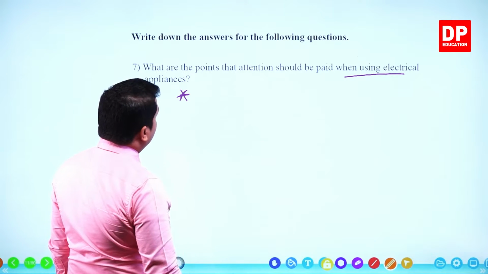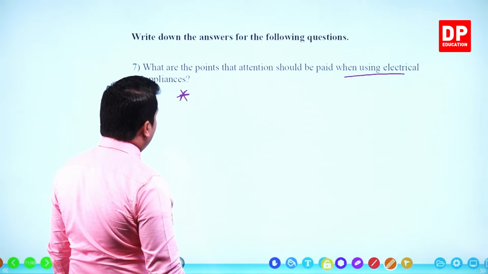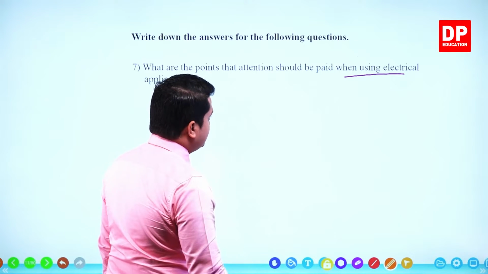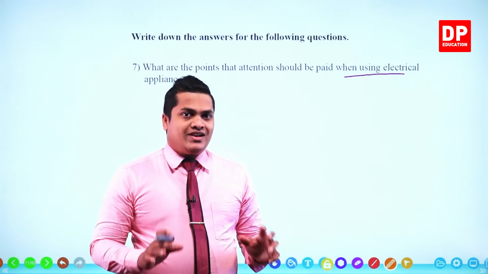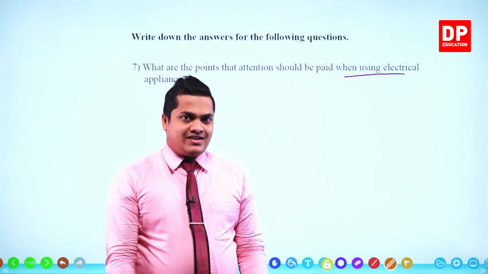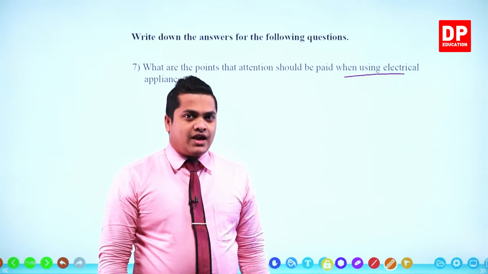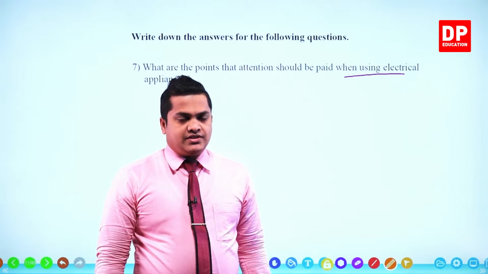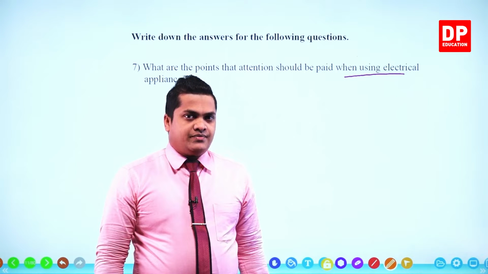They are not asking about an exact value or how much we need to write. So I'll mention 3 of them. Number 1 is, when using electrical appliances, we should never touch those things with our wet hands. If you have wet hands, first of all, wipe your hands with a clean cloth. Then after, you can use it, because water is a conductor of electricity.